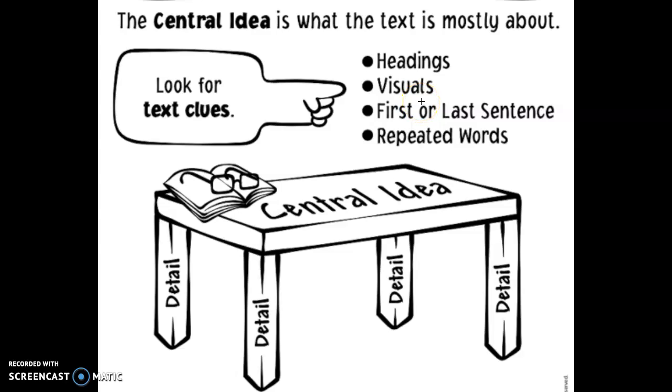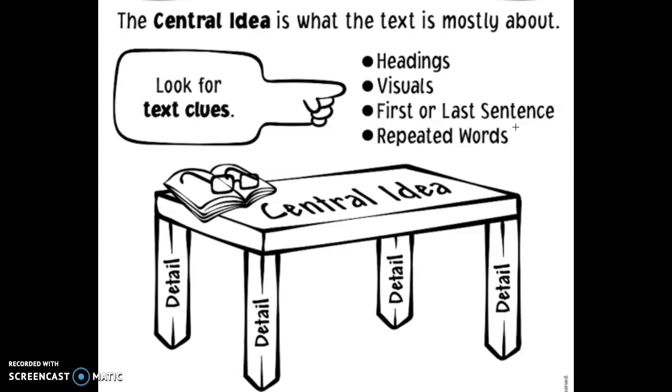You can look at things like pictures and graphs and charts, and that can also help you figure out what you're reading about and what the central idea is. Another way to figure out the central idea of a text is to look at the first or the last sentence in the paragraphs of that text.